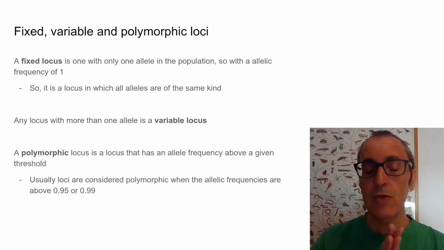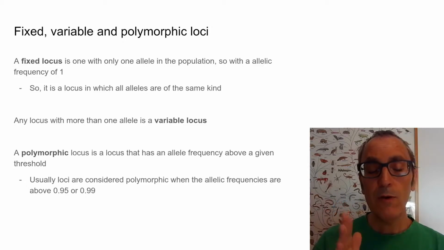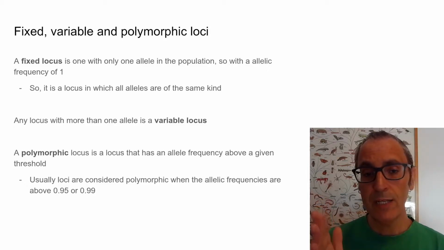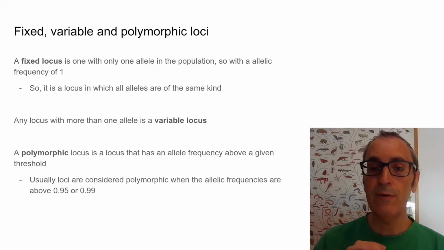For instance, usually we have as threshold for polymorphism 0.95 or 0.99. A locus is polymorphic when its major allele has a frequency that is lower than 0.95 or 0.99. That depends on the criteria that we have.